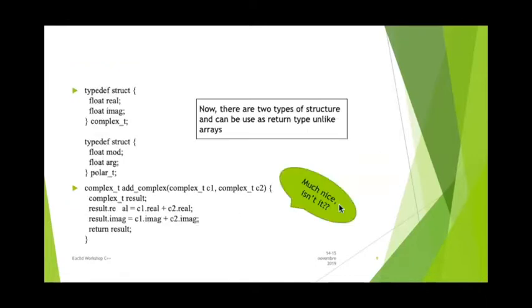So with the previous complex example, we have defined two structures for complex and for polar, and now we can use add complex with complex 1 and 2, and then we can return the result. It is much nicer. It will detect the error and it's more readable as well.